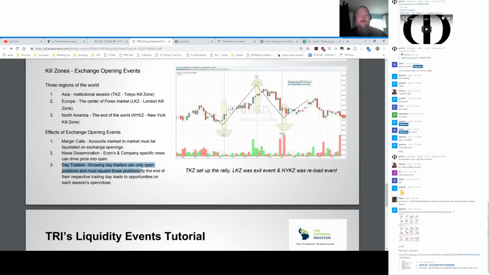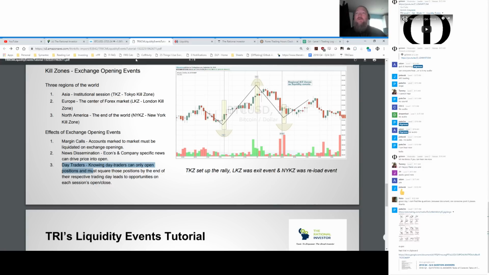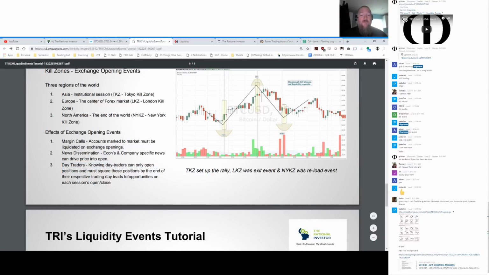And then of course you have your day traders. Day traders can only keep positions open during their market hours, so they have to square those positions by the end of their respective trading days, which, of course, laps into when the beginning of the next trading window is. So the day traders squaring their positions drives yet more liquidity on the market.